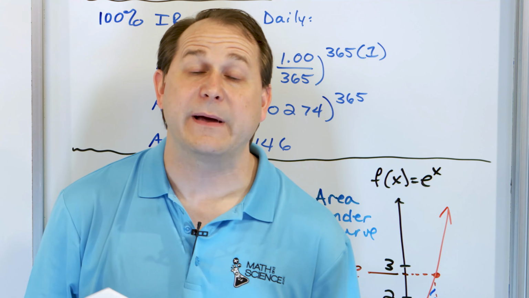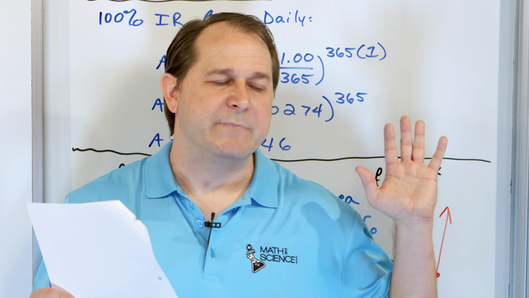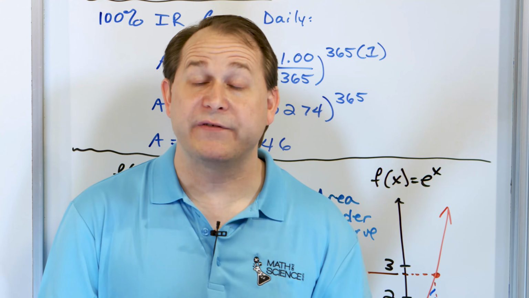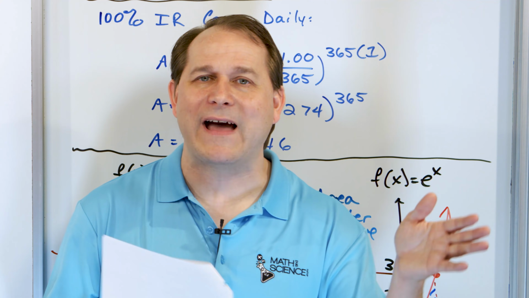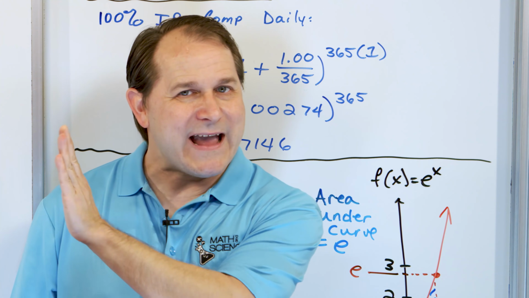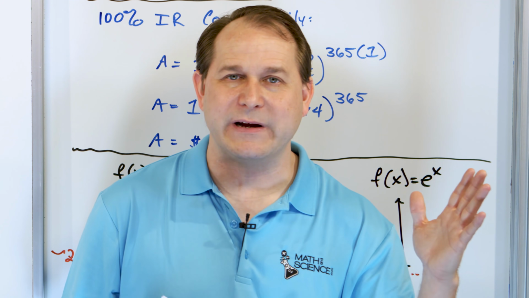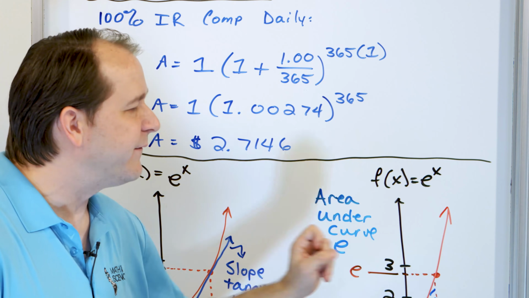So the interesting thing about this, and it's really the only function that behaves this way, is that the slope of the curve at any point is equal to the value of the curve itself. And also the area under the curve, from negative infinity all the way up to any point you want to pick on that curve, is also equal to the value of the curve itself.